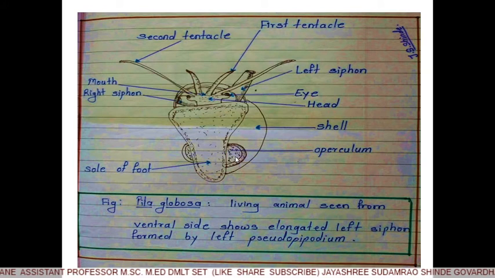The foot is highly contractile with muscle fibers arranged crosswise and lengthwise. In the foot, a pedal mucus gland is present, which forms a slime trail during locomotion.